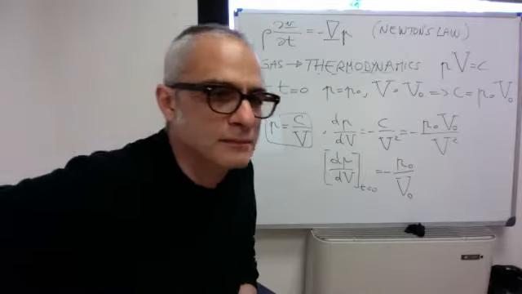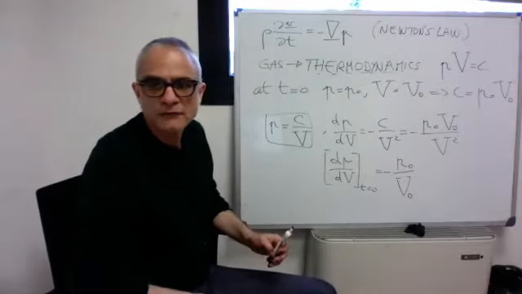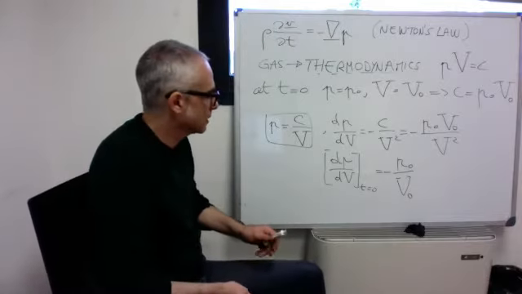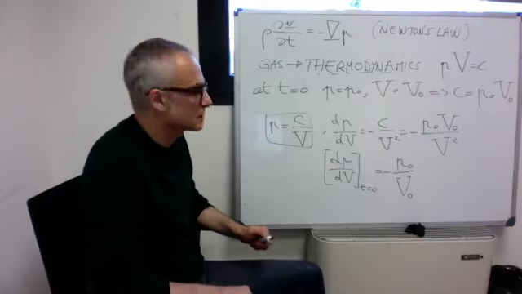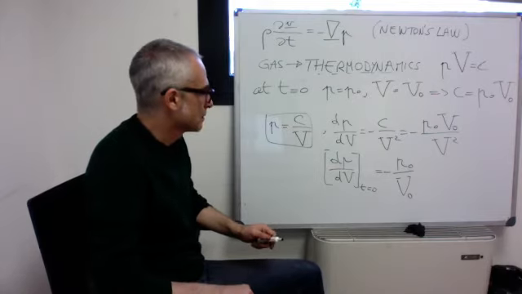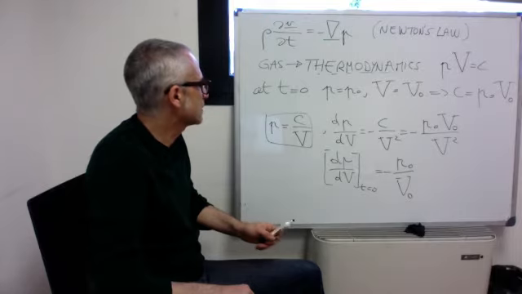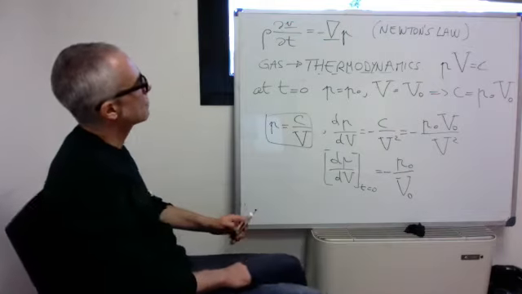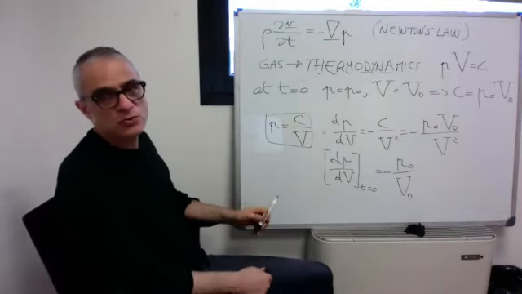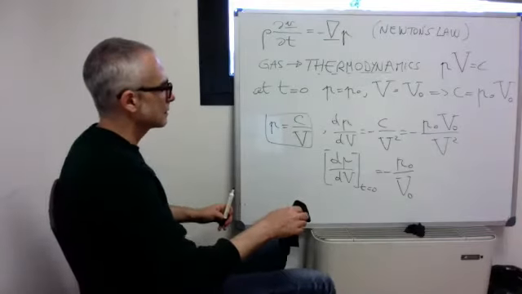I think it's okay, but if you don't agree, I'm listening, because it's kind of a tricky step. Why do I do that? It's because later I will need to differentiate pressure with respect to time, so I'm preparing myself to do that.